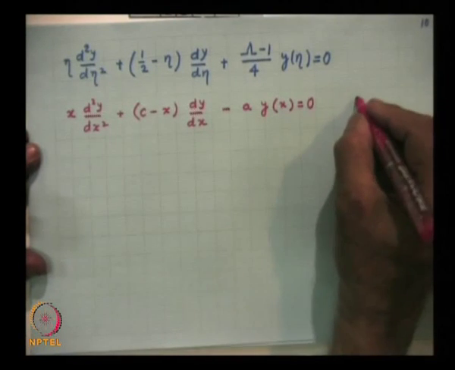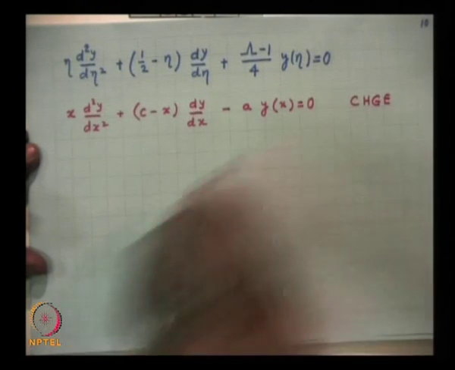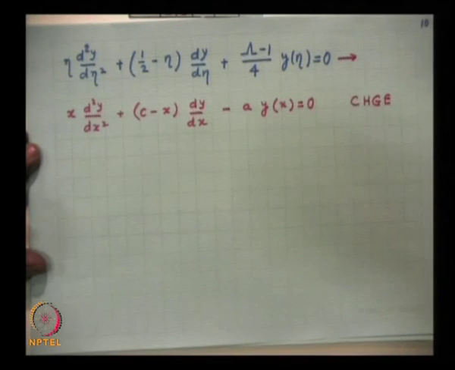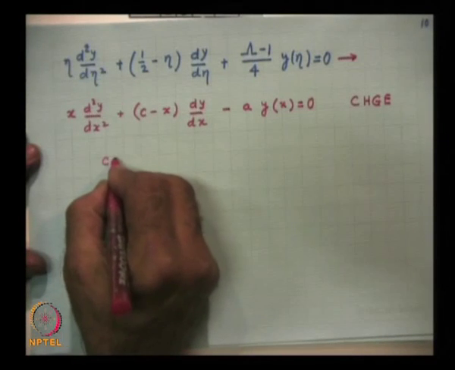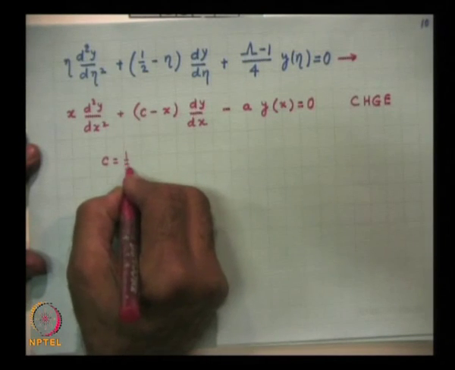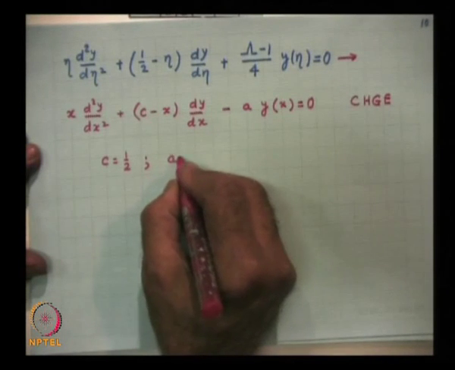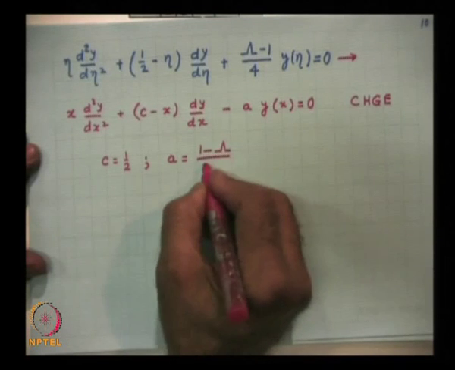So, this is my confluent hypergeometric equation. So, we find that we have actually obtained a confluent hypergeometric equation. So, c is equal to half and a is the minus of that. So, a is equal to 1 minus lambda by 4.